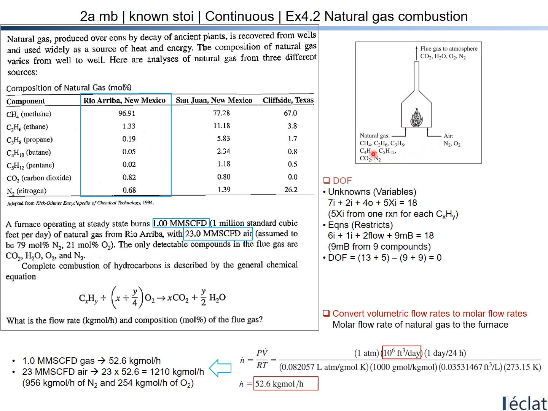So we have 7 input variables for stream 1, 2 input variables for stream 2, and 4 output variables. Plus, we have 5 alkanes. It means we have 5 balanced chemical reaction equations and 5 extents of reaction as unknowns. So plus 5 xi, we get 18 unknowns.